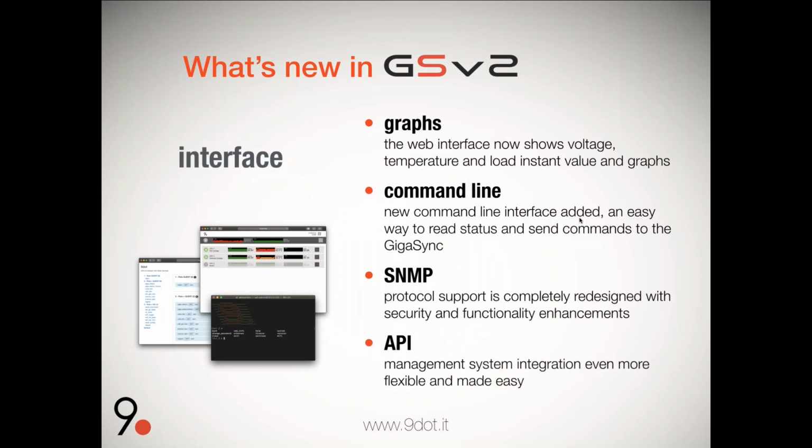It's very easy to use, very simple. We also have the command line to send commands and read status, the SNMP in read and write, and also the API. So it is possible to write your own software and to send commands and read parameters from and to the GigaSync.